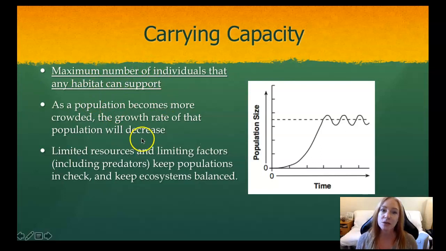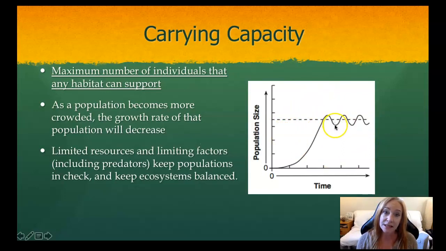As a population increases in number, the individuals start to compete with each other, and they are also exposed to more opportunities to be predated on, which basically means to be killed by a predator. The habitat can only support a certain number of individuals before it starts to run out of resources, and then the individuals in that population start to die off.